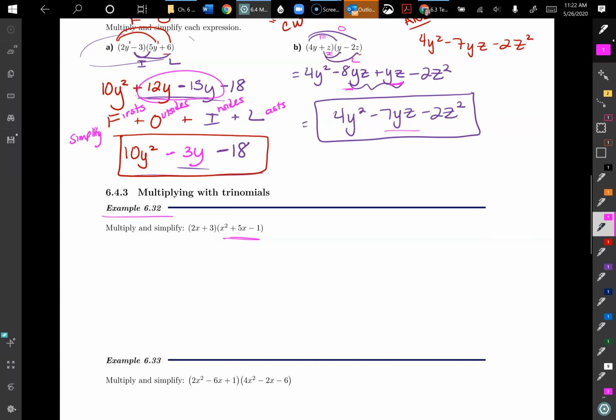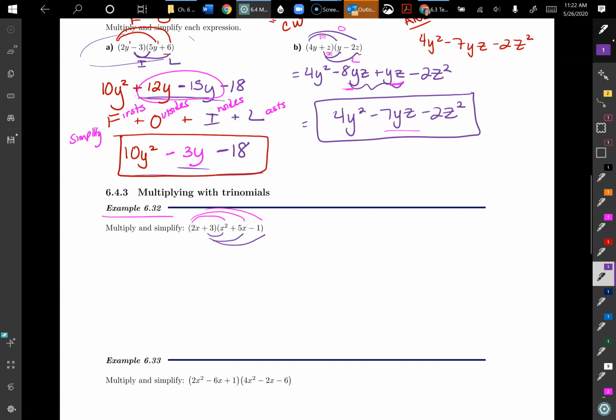So we're not going to use FOIL because we've got more to do. So we're just going to distribute every term. I'm going to take the first term in the binomial times every term in the trinomial. Then I'm going to do the second term in the binomial times every term in the trinomial. And again, pause the video and see if you can do this on your own.